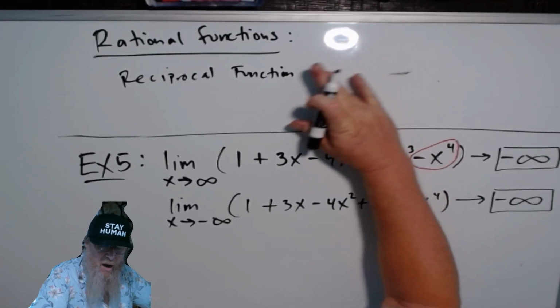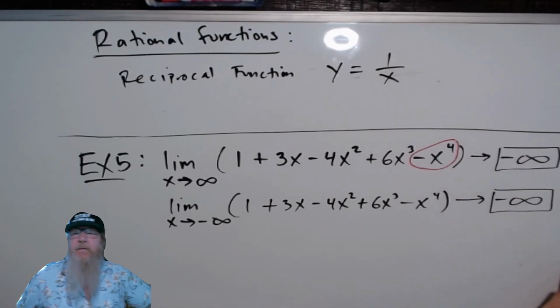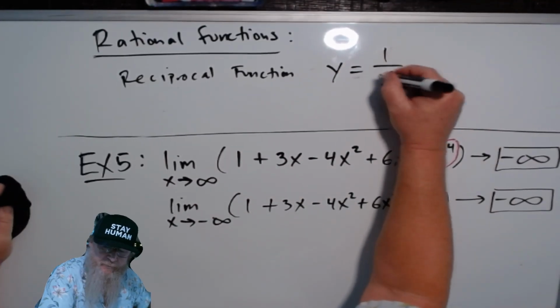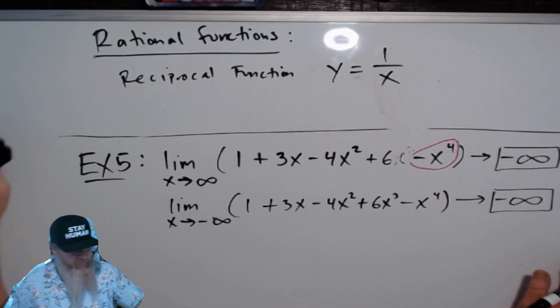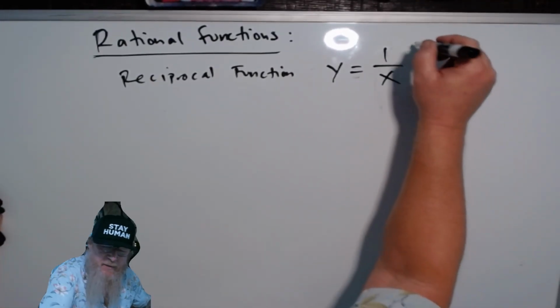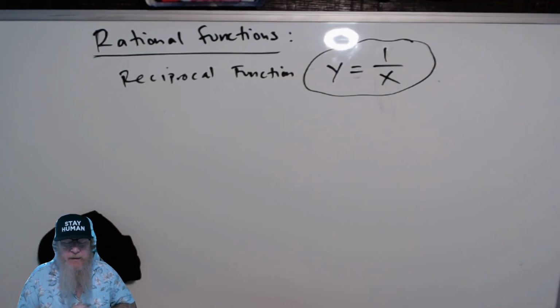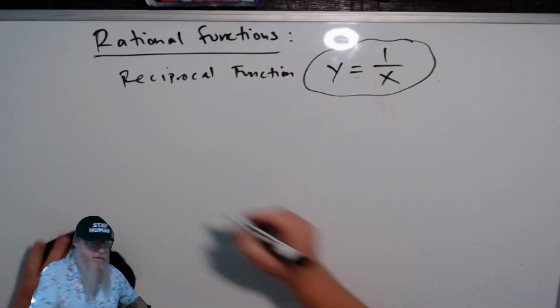I'm just going to use y because it's a little bit easier. Y equals 1 over x. Now, they're not all this simple, but they all kind of come from this basic form, where there's a variable in the denominator.